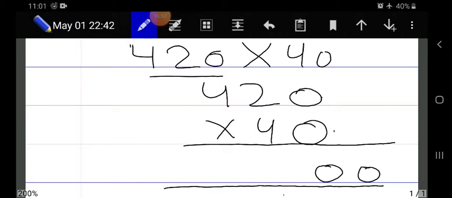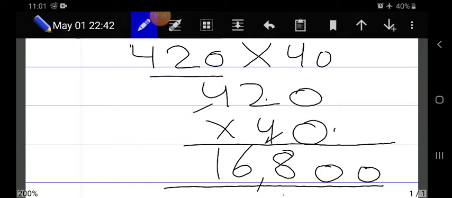Now we are having two zeros here, so I have simply put those zeros at the end, and now we are going to multiply 42 with 4. So 4 twos are 8, 4 fours are 16. So the answer is 16,800.